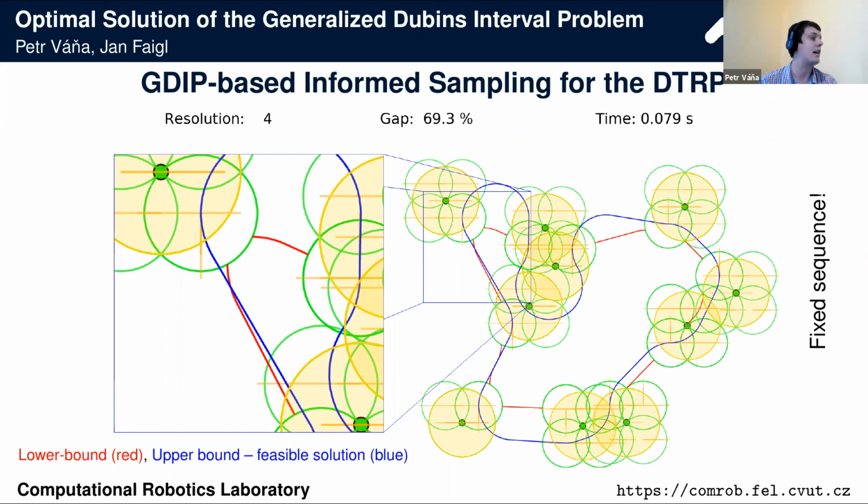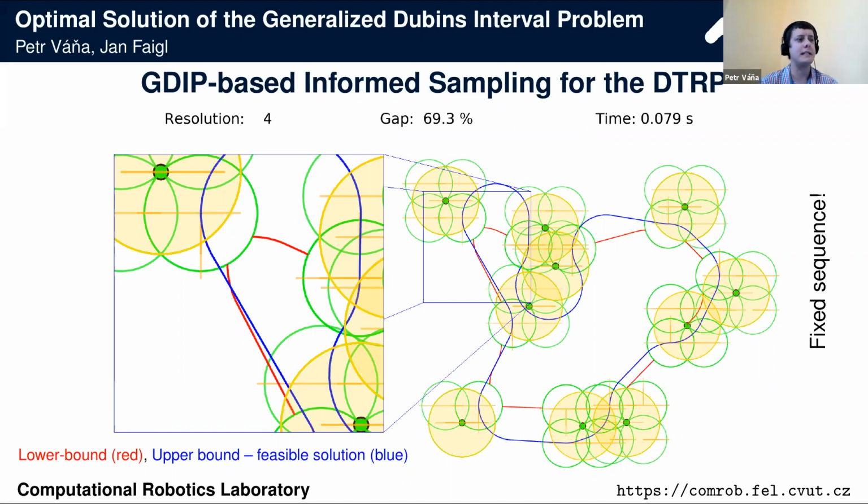The red path represents the lower bound, and the blue path represents the upper bound. So the blue is a feasible solution, the best we currently have, and the red line is a lower bound that can be proved.